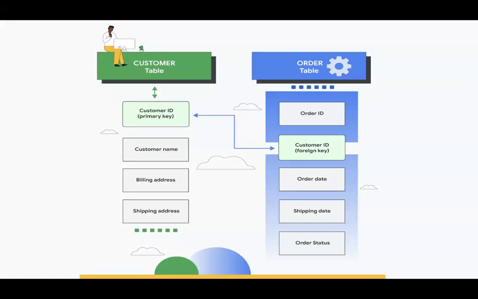But now my question is, why do we not have order ID as a foreign key in the customer table? Instead, we have a customer ID as a foreign key in the order table. Why is it happening like this and not the other way around? Anyone with the answer? Or should I repeat the question again?